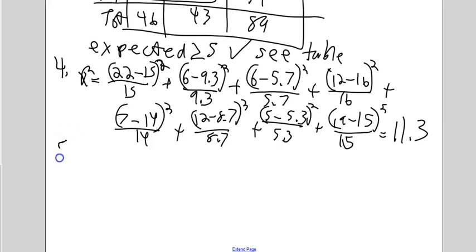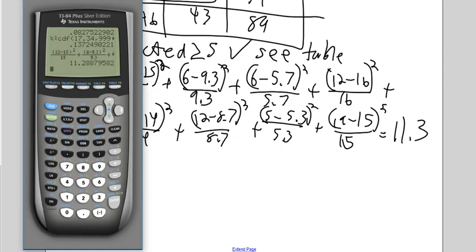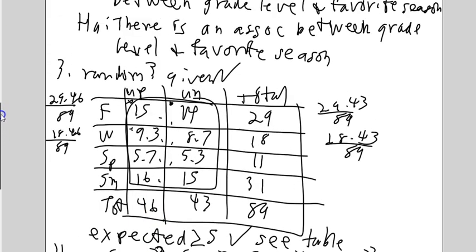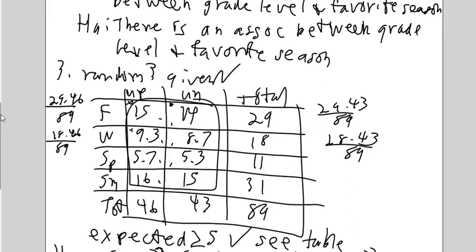For part 5, we're going to find our p-value. So calculator, second, vars, 8, 11.3, skip to 999. Oh, what is our degrees of freedom? We did not do that. So we have to go back up and look. How many rows do we have? 1, 2, 3, 4. How many columns? 2.